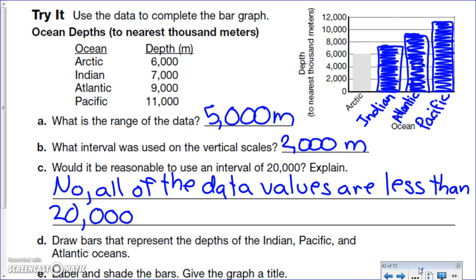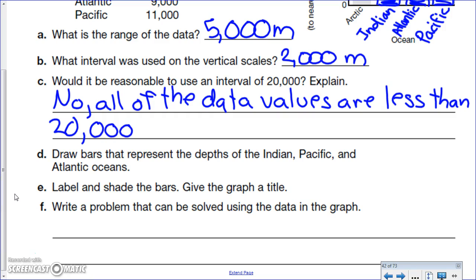And the easiest one to do right here is just ocean depth, just like our chart is titled on the left. Finally, for step F, write a problem that can be solved using the data in the graph. Once you've done that and you've made sure your entire worksheet is completed, please glue it in your math notebook.